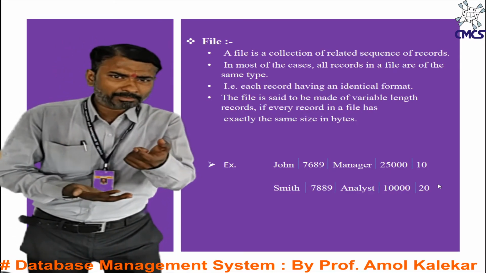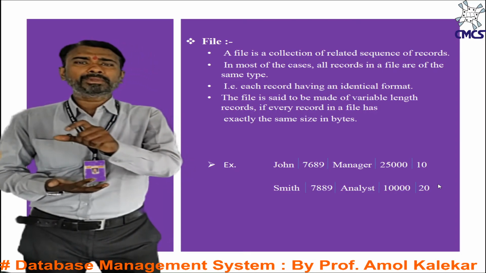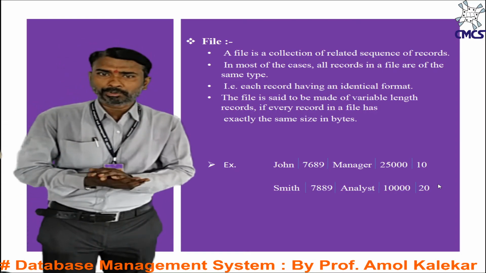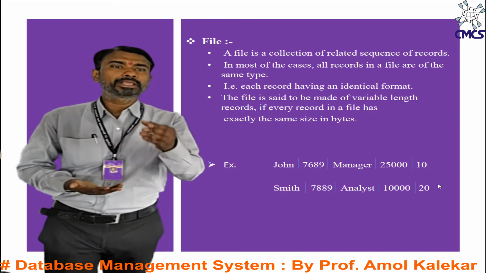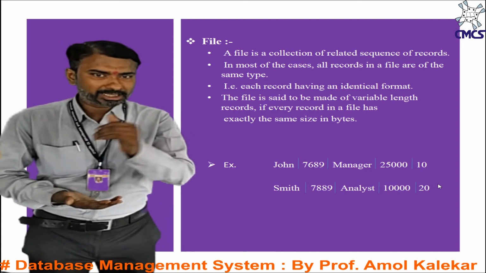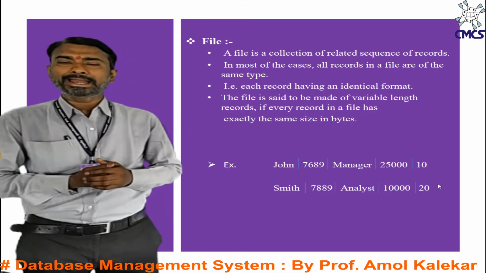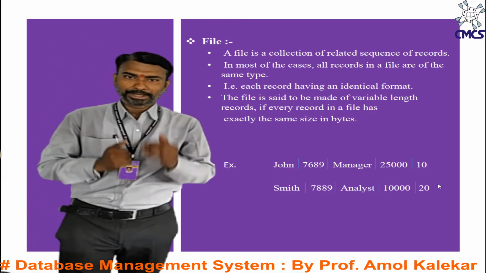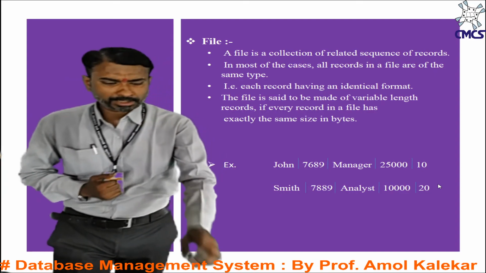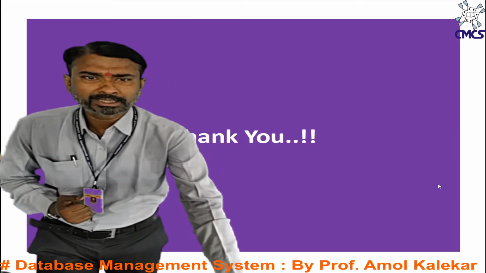So the collection of the domain compatible values for each and every attribute of a given entity set gives us a record. In the same way, we have another example, that is Smith 7889 analyst 10,020. So these are certain things as far as the file is concerned.